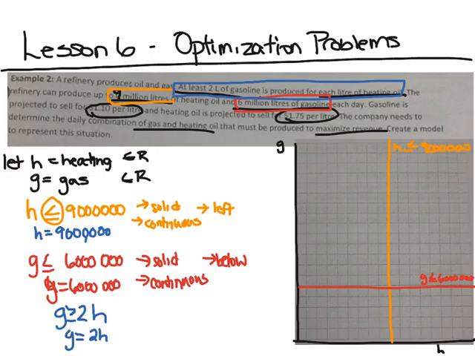G is like our Y, so we're going to put it into y equals mx plus b. So G is equal to 2H. So our intercept is 0, and we're going up 2 over 1. Up 2 over 1. Up 2 over 1. And it's a greater than or equal to sign, so it's going to be solid. It's continuous. And we'll pick a test point to figure out where we're going to shade.